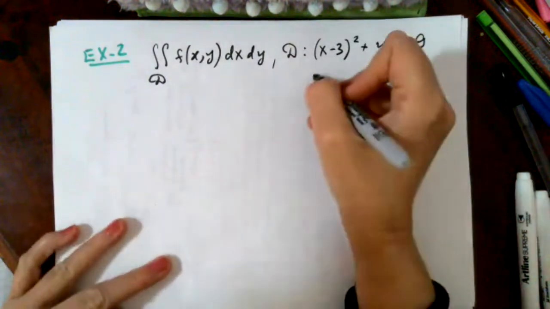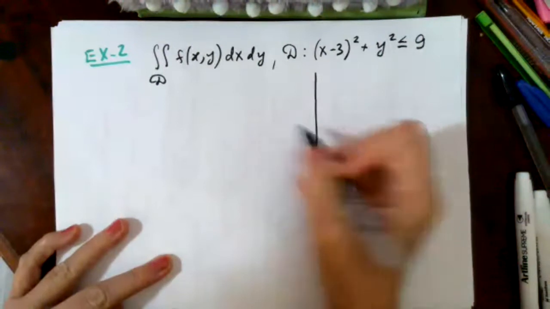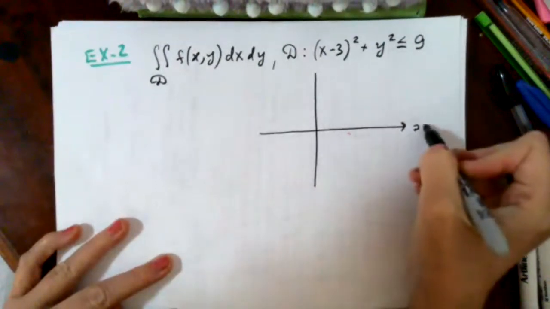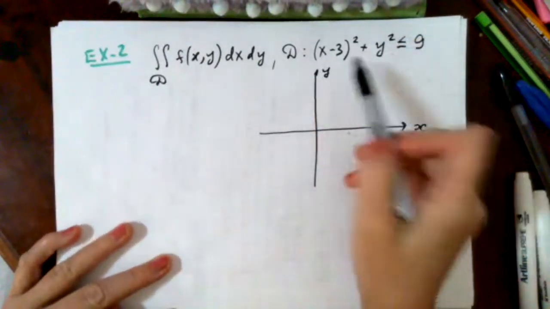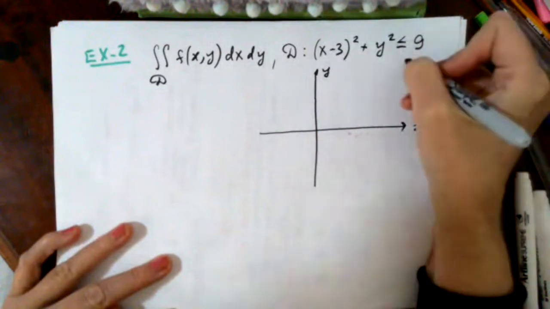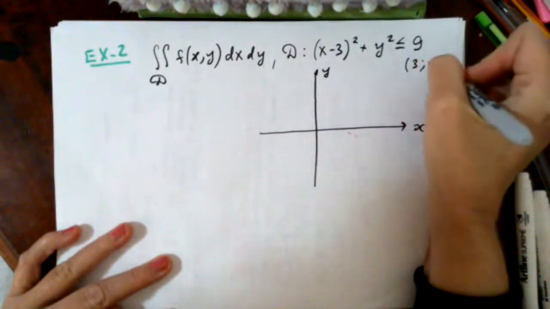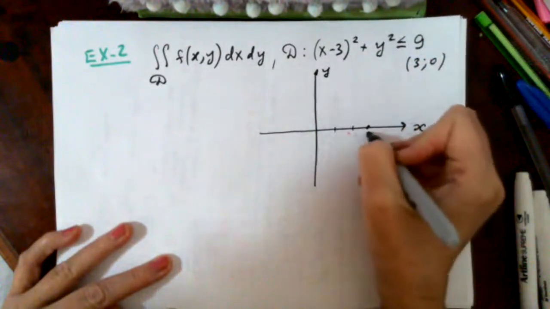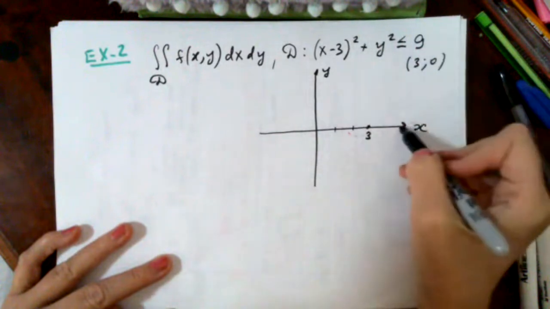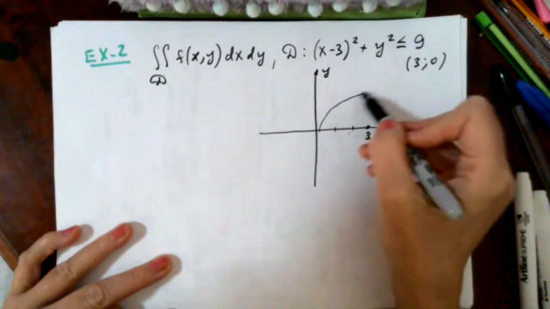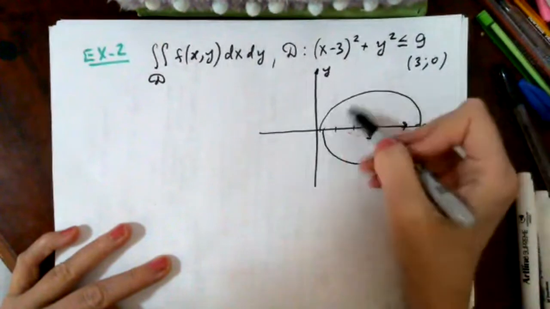So what is this circle? This circle has its center shifted a little bit. The center of this circle is at the point (3, 0). So 1, 2, 3, it's somewhere here. And the radius is 3 as well. So our region looks something like this.